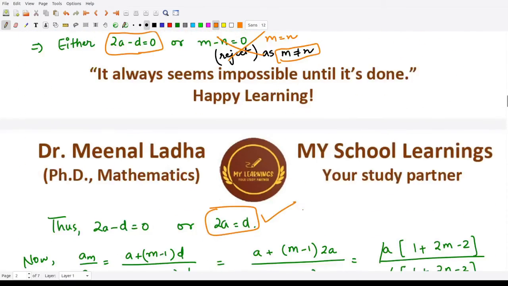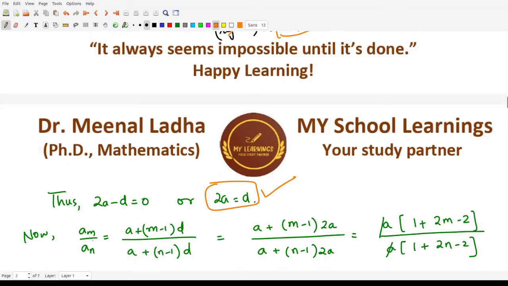So what would be am upon an? According to the formula of the mth term, it would be a plus (m minus 1) times d, and according to the formula for the nth term, it would be a plus (n minus 1) times d, right? Because we know the value of d from the above expression, it is 2a, we can substitute here and here the value 2a and simplify.